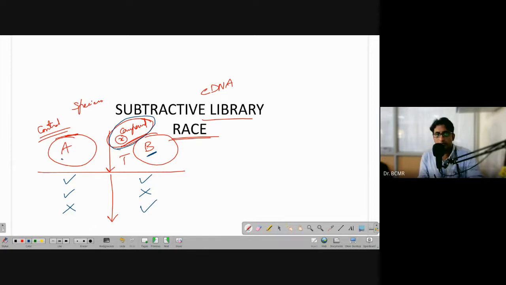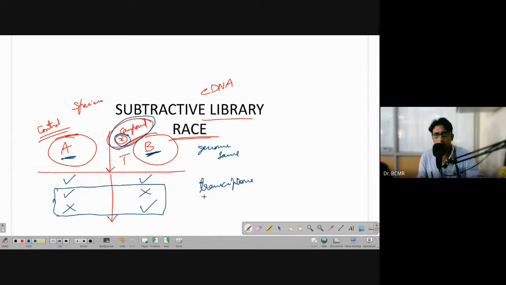If we say that these two cells are actually the same cells from the same organism, then their genome is the same. What is different in this experiment is that one of them is treated with compound X. So the differences that you will see in the transcriptome, and also in the proteome, but we are not bothered about the proteome at this stage, must have been because of compound X, isn't it?